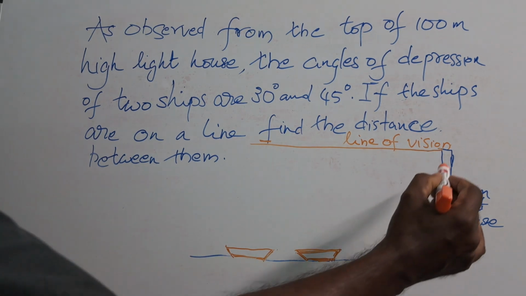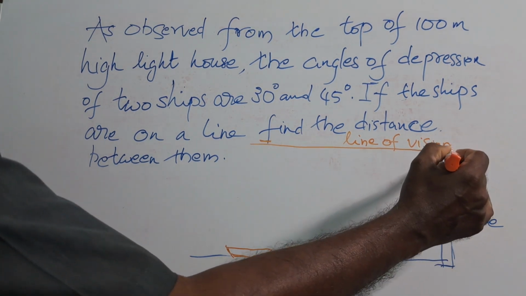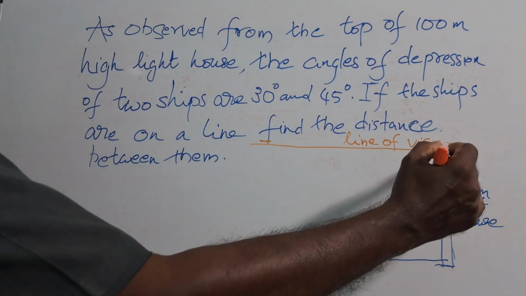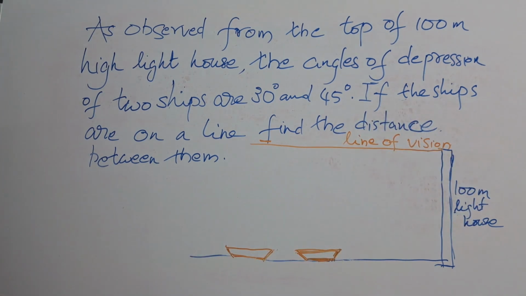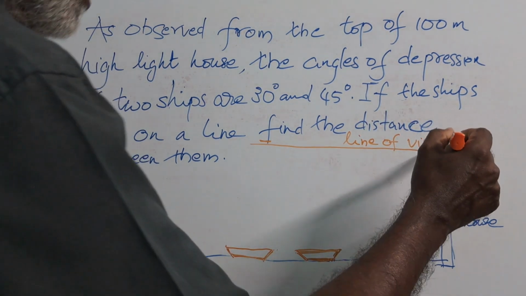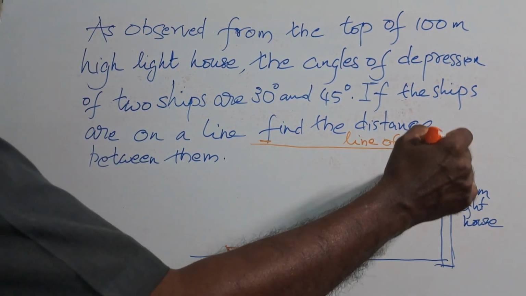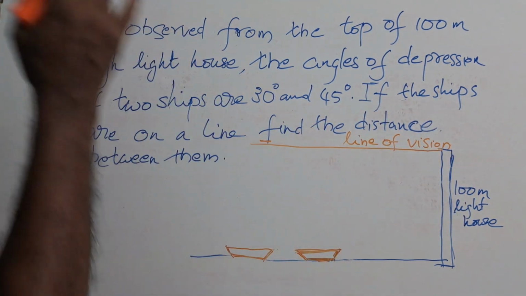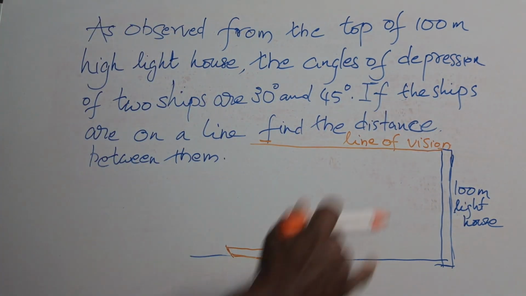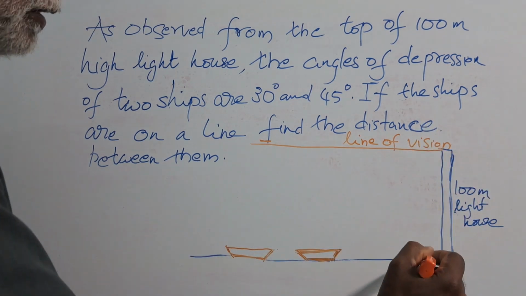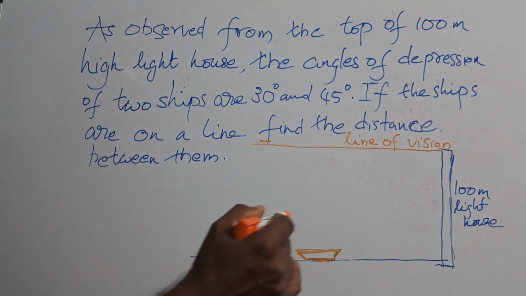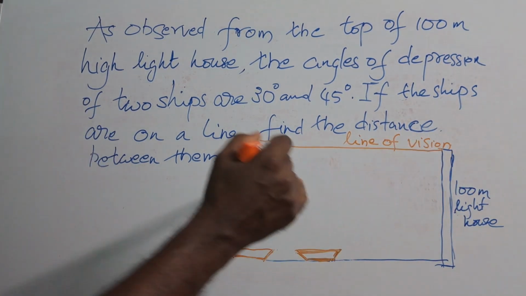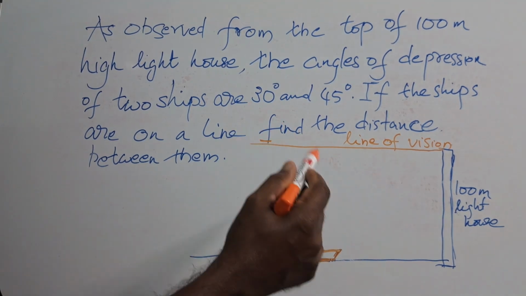That means a man is observing two ships from a certain height, here 100 meters. When observed from a certain height, the object which is farther from the observer has a lesser angle of depression or lesser angle of elevation.